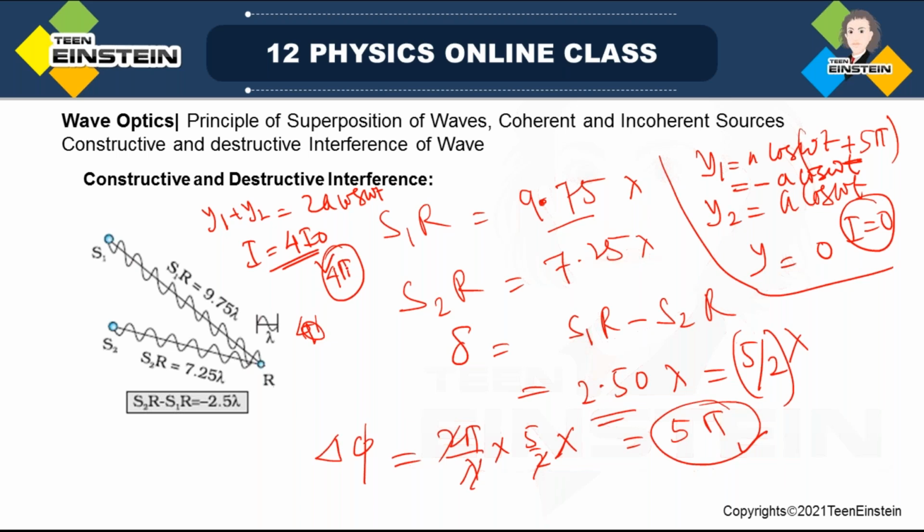When two waves are meeting out of phase, 180 degrees, see this is minus, so that means they are 180 degrees out of phase, so 4 pi plus pi. So they are meeting 180 degrees out of phase, then the intensity will be zero. So this kind of interference is called destructive interference. Okay, destructive interference.